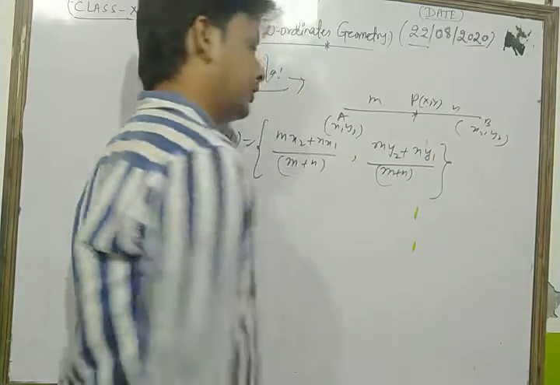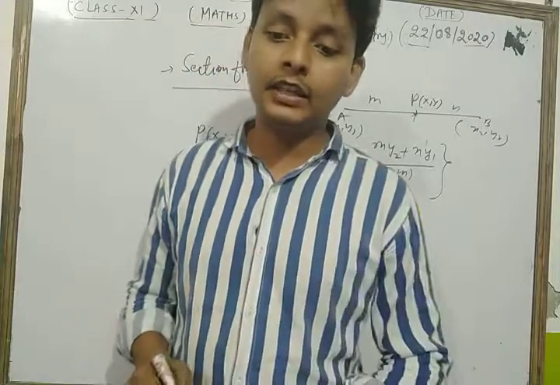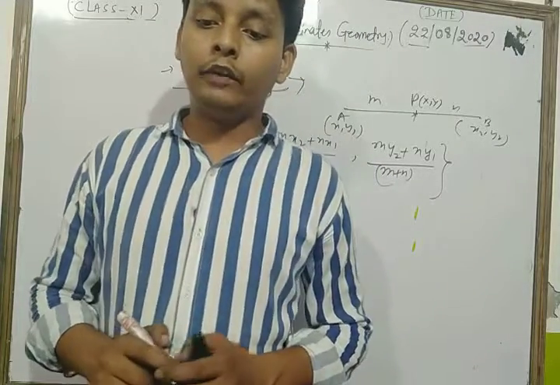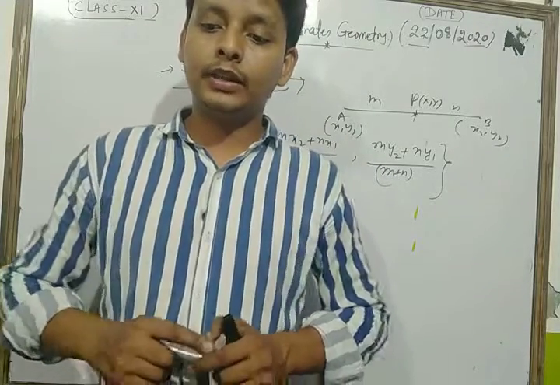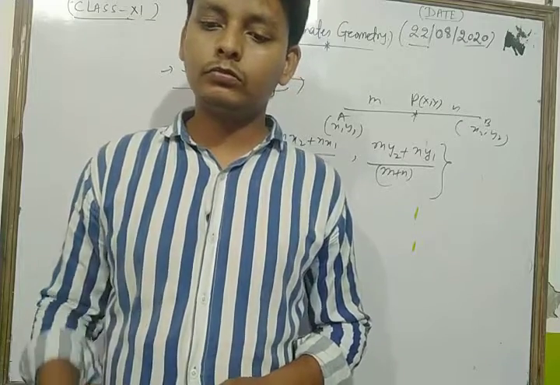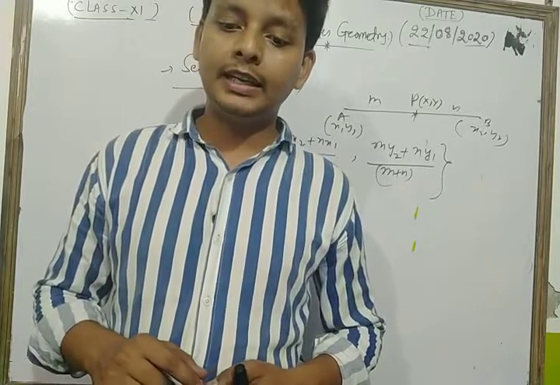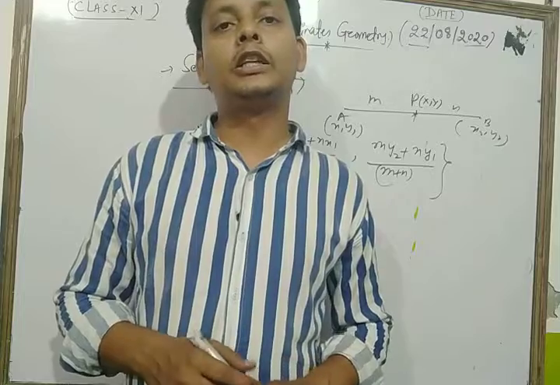m plus n. And one important thing is the coordinate of the point which divides the line segment joining the points A and B externally in the ratio m to n.